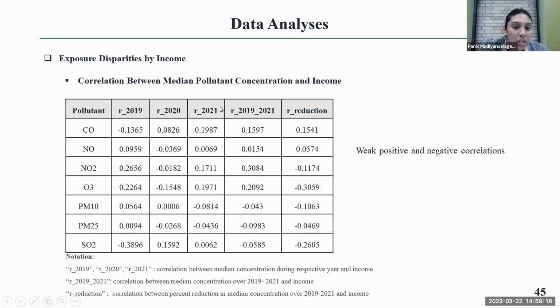Same goes for 2020 and 2021. And then this is the correlation of the concentrations over the entire period of 2019 to 2021 and the per capita income. And then our reduction is the correlation between how much of a percent reduction there was for median concentrations over the years 2019 to 2021 and the income.